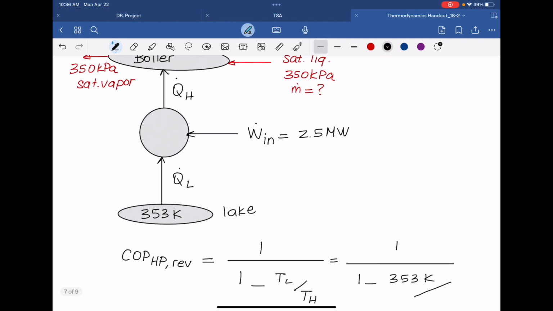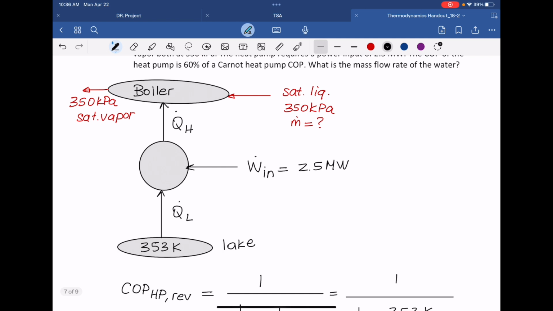TH is the temperature of the boiler. It is not given to us, but you see that there's a phase change going on from a saturated liquid to saturated vapor because of the heat absorbed from the heat pump. The water in the boiler is evaporating from a saturated liquid to a saturated vapor at the same pressure. What that means is within the boiler there is a phase change going on, right?